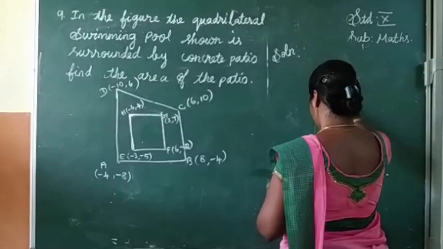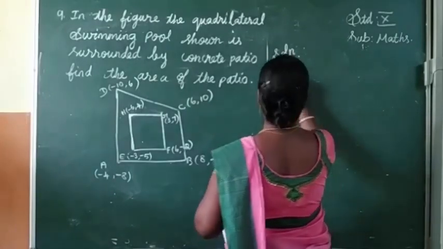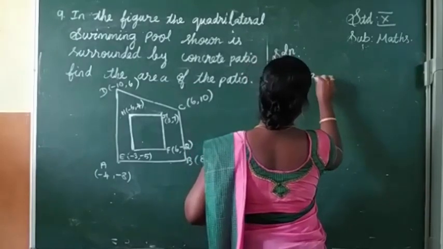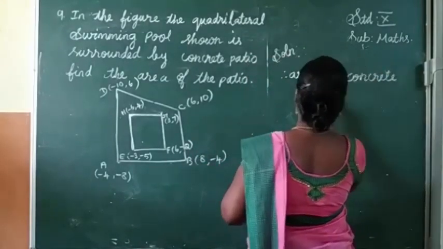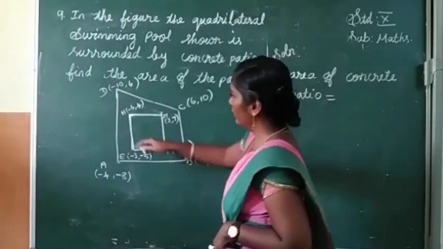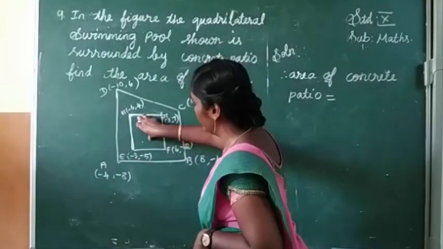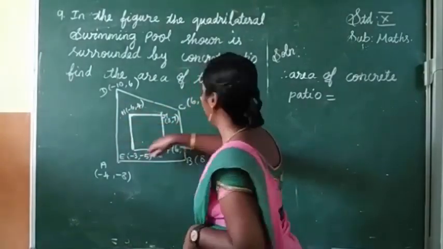So first write, we are going to find out the area of a concrete patio. Area of a concrete patio is equal to, we want to leave the floor first, then we want to leave that swimming pool, then we can easily get the concrete patio.